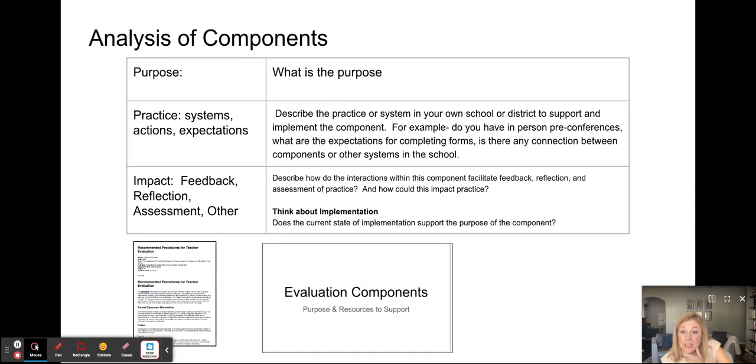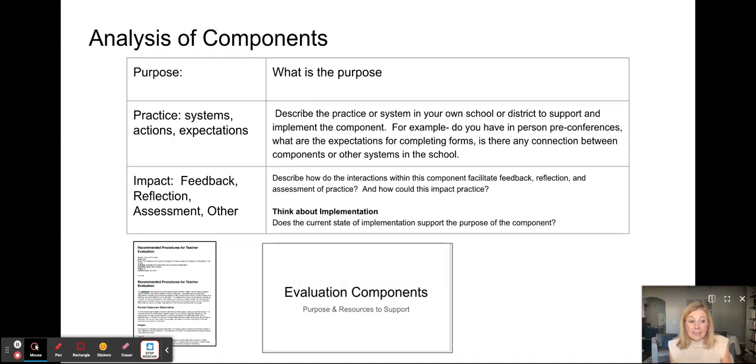So the first is Danielson's summaries of the purpose and the recommended implementation of these practices. If you use Marzano, you have these documents as well. And I encourage you to use the documents that you have that define purpose and best practice for implementation, because that's real. And so that's the second resource that I've given you.